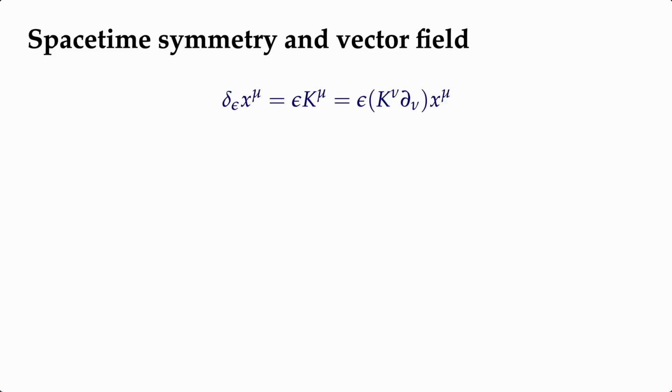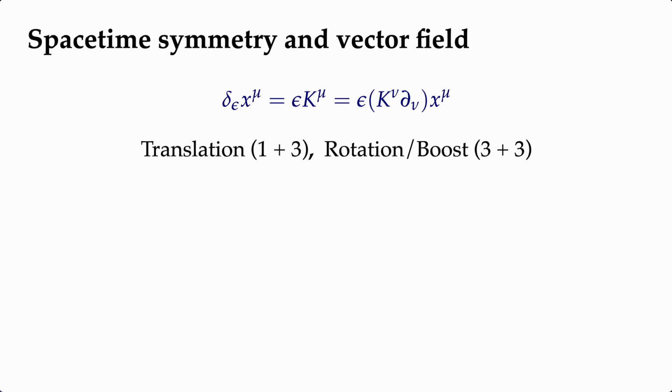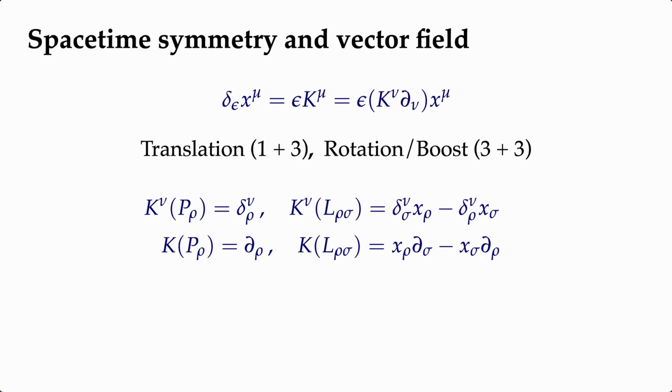In a relativistic four-vector notation, we may write the infinitesimal change of the spacetime coordinate as delta x equals epsilon times K. In the relativistic theory, the translation in space and time together give four independent transformations, and the rotations and Lorentz boosts together give 6 transformations. We may borrow a common notation from a quantum mechanics textbook and denote the translation by P and the rotation and Lorentz boost by L.